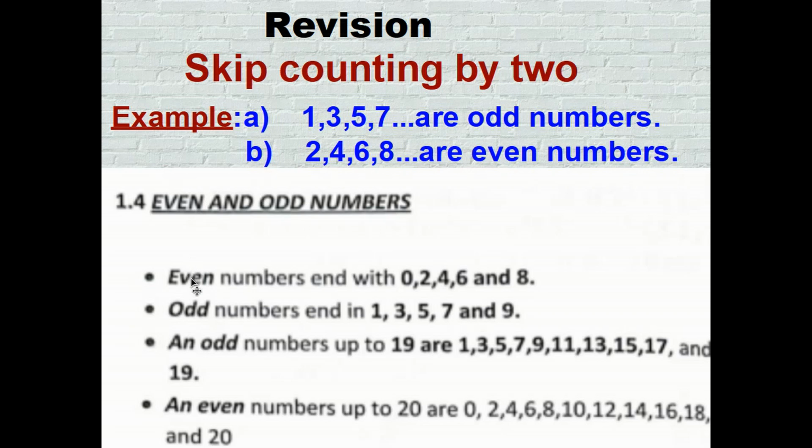And odds are numbers ending with 1, 3, 5, 7, 9. In detail, here you have some examples of odd numbers, and also here even numbers. This is what we have seen last time.